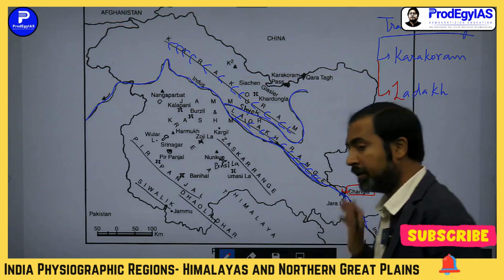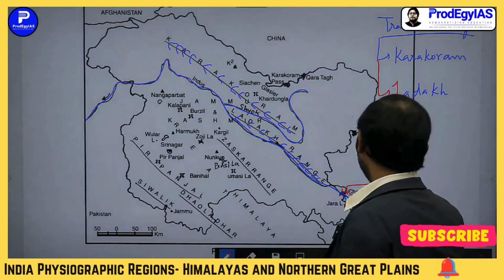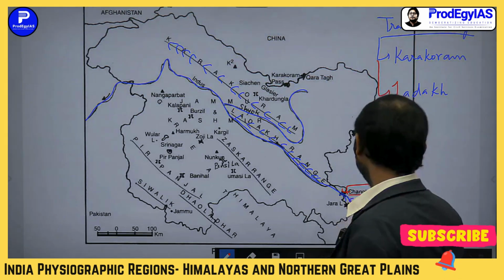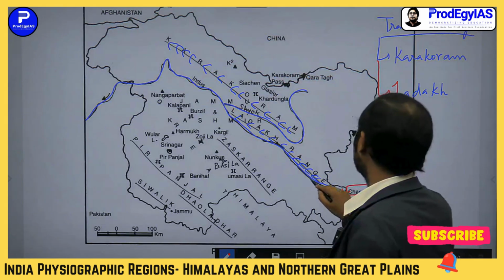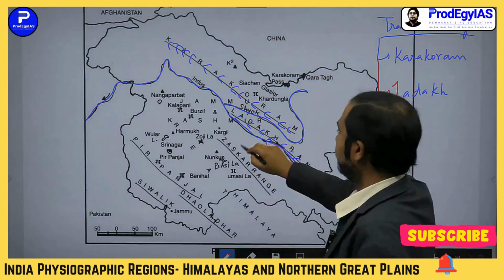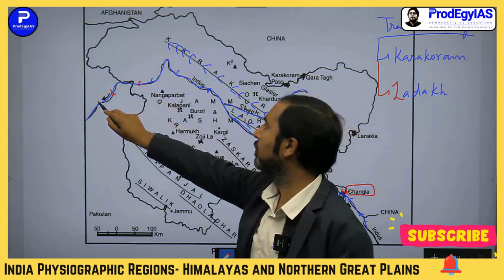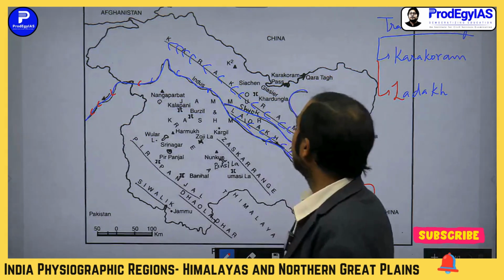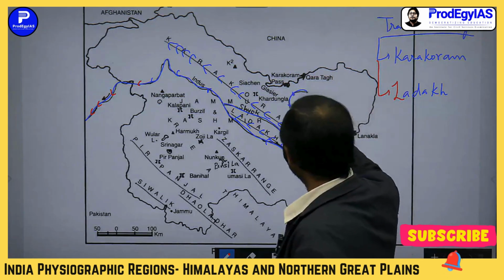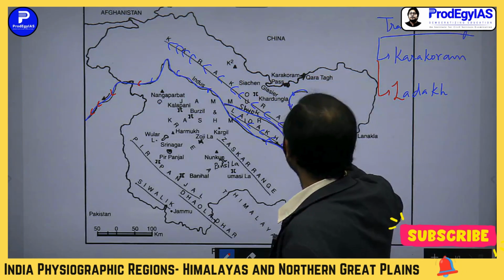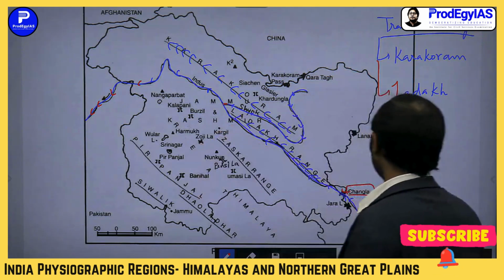Okay, you know that Indus has its origin in Tibet region, where from it flows towards India and it enters India near the Changla Pass. Then it flows like this in this direction and it goes towards the Pakistan, right? An important tributary of Indus is Shyok River. Shyok is flowing in this manner and it is merging with Indus.